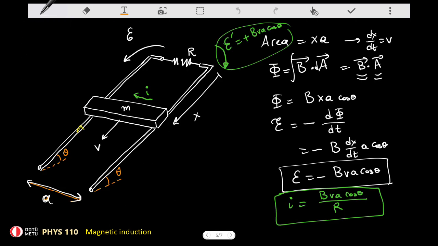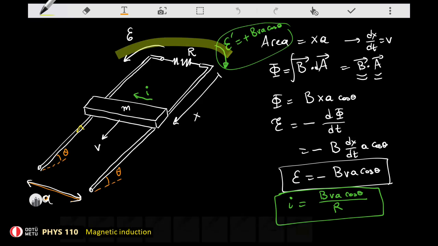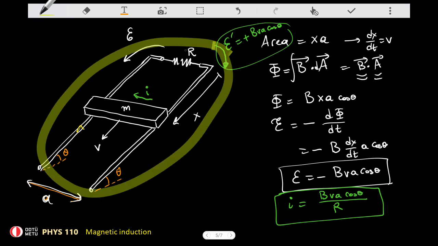Let's just clarify one of the issues in here. Are we computing the power of the work done on the bar, or are we computing the work done on the system? By system, of course, we mean everything in here: the rails and the resistor and the bar together.